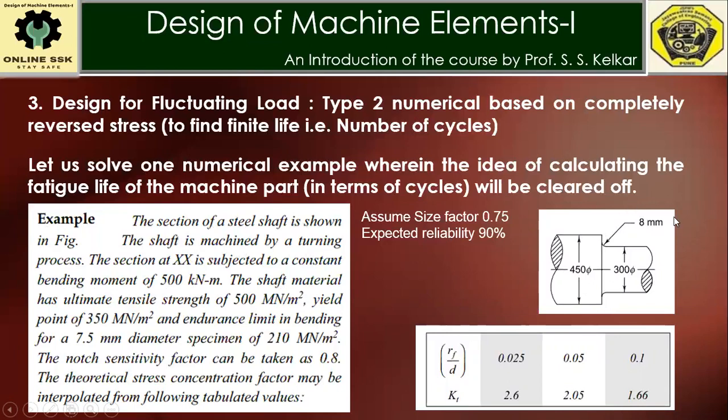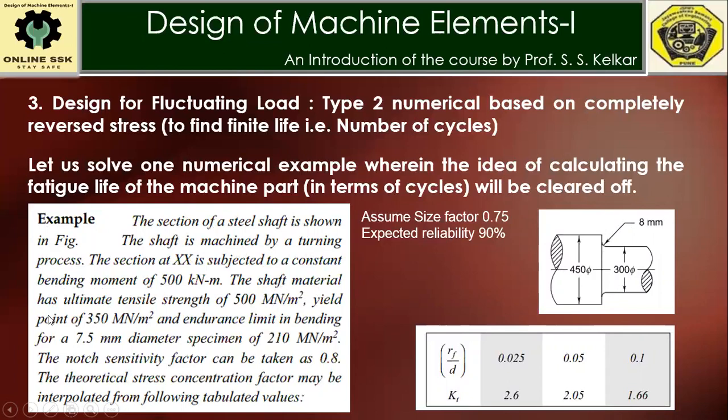In the previous video tutorial, by multiplying the applied load with the span of the beam, we had calculated the bending moment, but in this case, in the problem statement itself, plus minus 500 kilonewton meter is the bending moment to which this critical cross section is subjected.